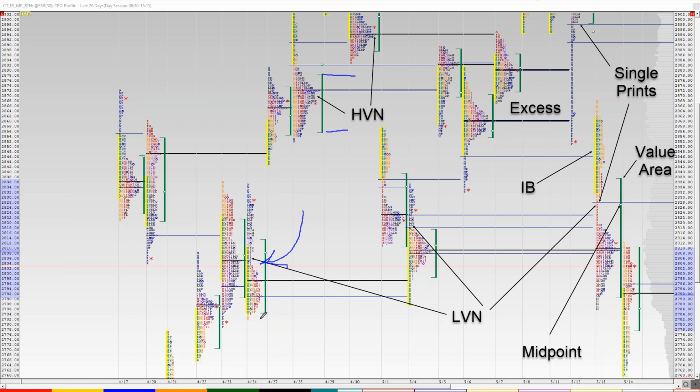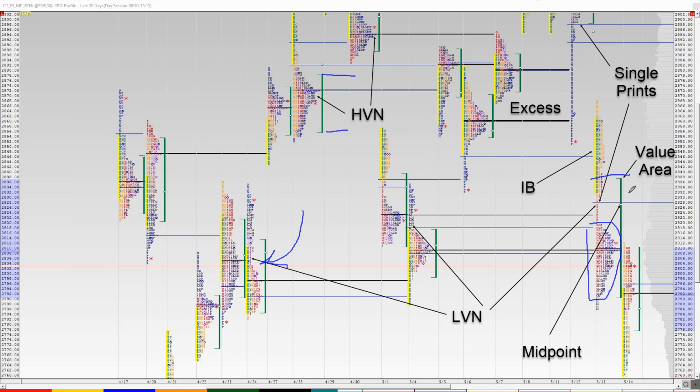There's a lot of price discovery, and therefore value wasn't achieved, it wasn't discovered. Here, for yesterday's action, I could see that a lot of trading occurred between here and here. But look at the value area. The value area is reaching through the low volume node all the way up into the upper extreme. That's not value.